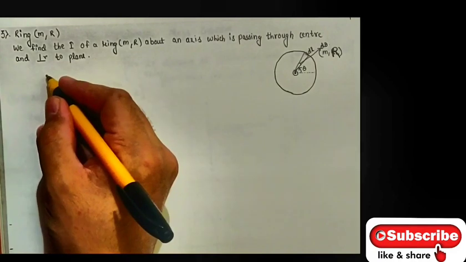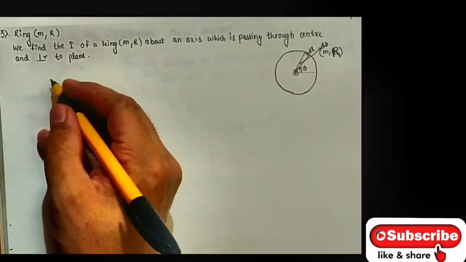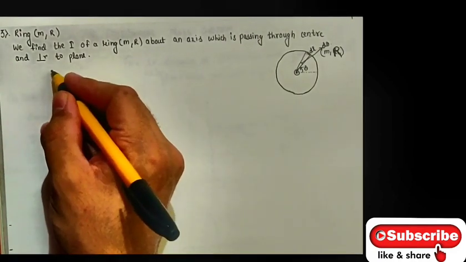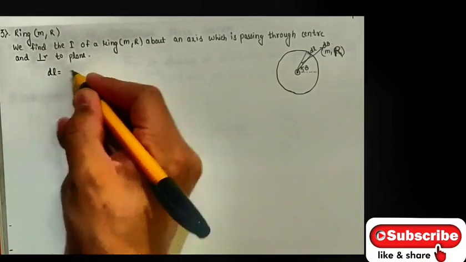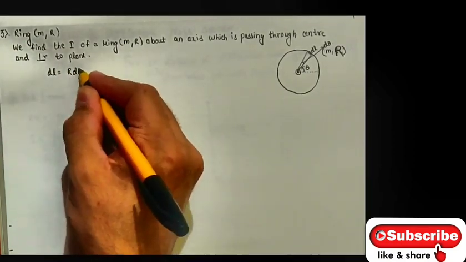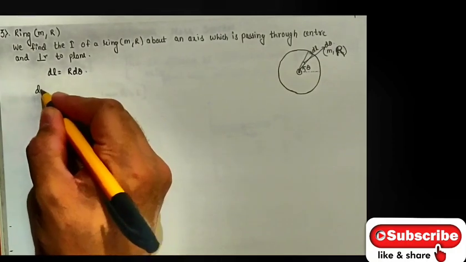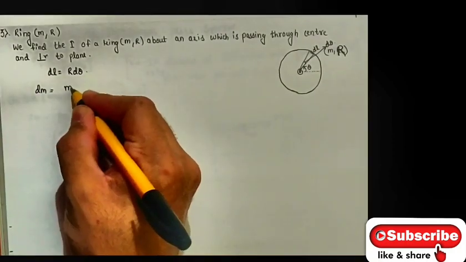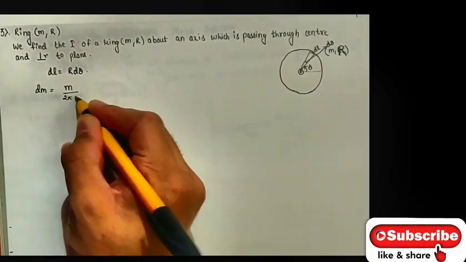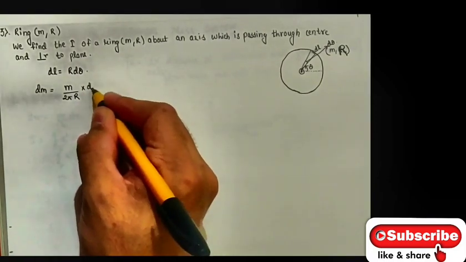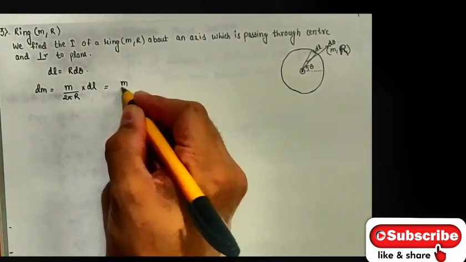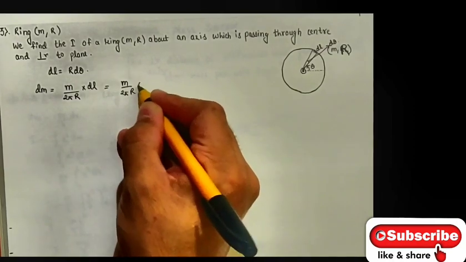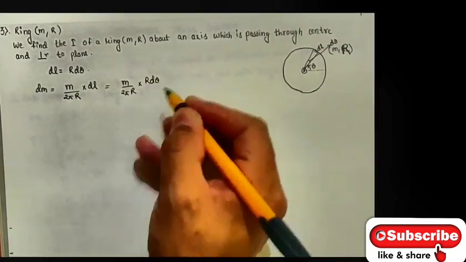So from theta equal to arc upon radius, we get the length dl equal to r d theta. Now dm equal to m upon 2 pi r into dl, which is equal to m upon 2 pi r into r d theta.